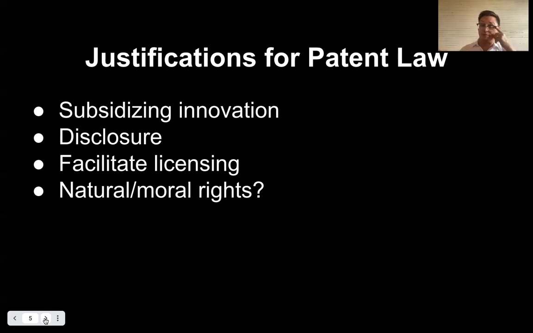So then the question becomes, do patents in fact facilitate licensing, or do they make it more difficult? In the abstract, it seems like having defined property rights does make it easier for individual parties to come to agreements about how those rights will be allocated. The problem is when there's too many rights out there, then it can be hard for all those parties to find each other and efficiently negotiate.